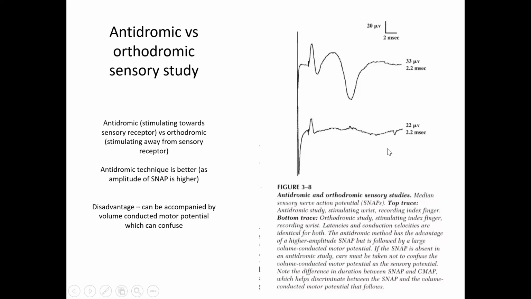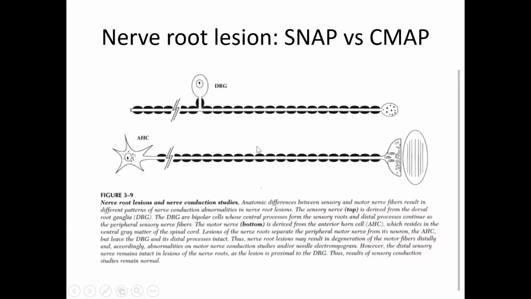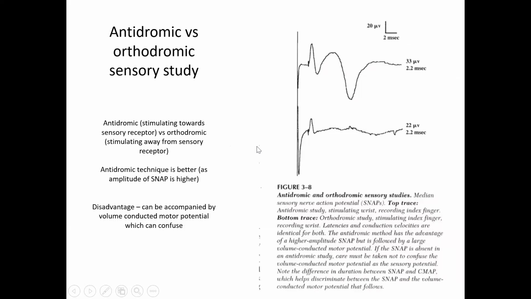So antidromic and orthodromic sensory nerve studies. This is the median SNAP. Antidromic stimulation is what we saw in the previous diagram. In the bottom trace, you can see the orthodromic study, which is stimulating the index finger and recording at the wrist.